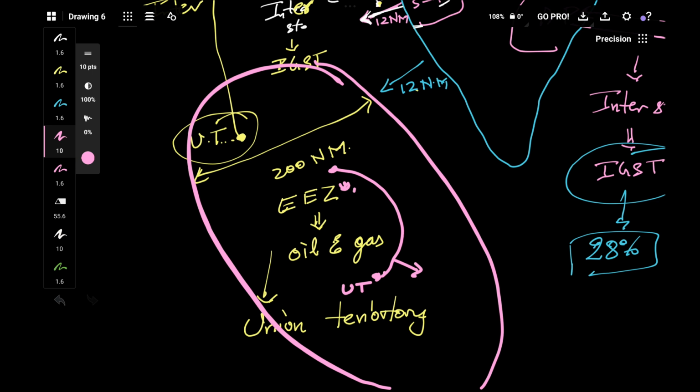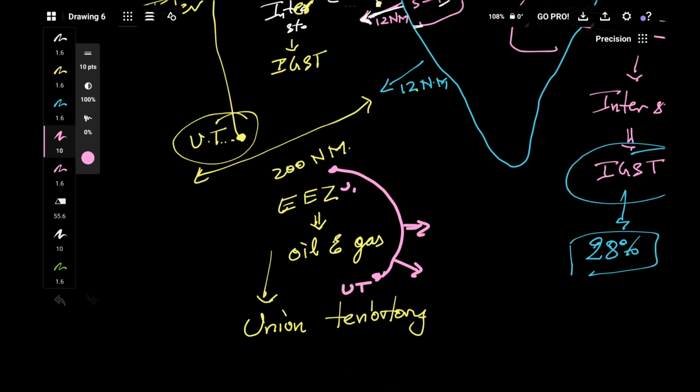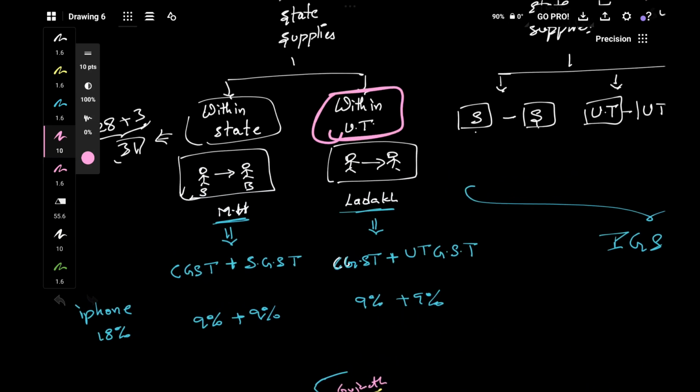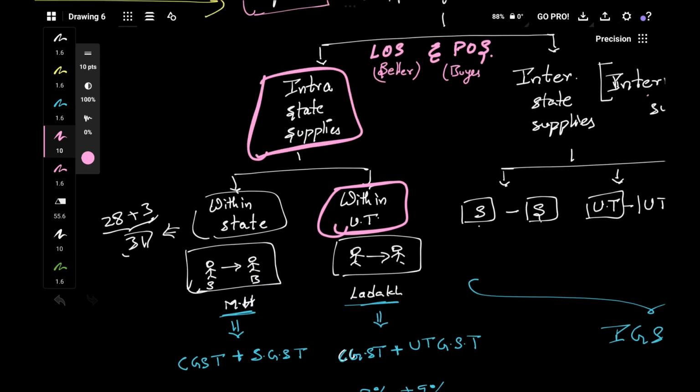So when it is considered as one union territory and there is a buyer here and a seller here, the supply is happening within a union territory. It is an intrastate supply within a union territory. So within a union territory means intrastate supply.